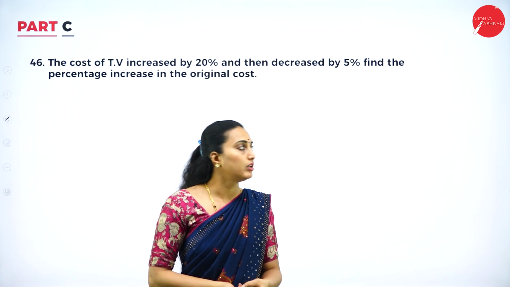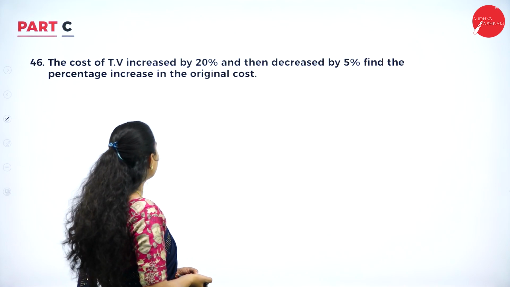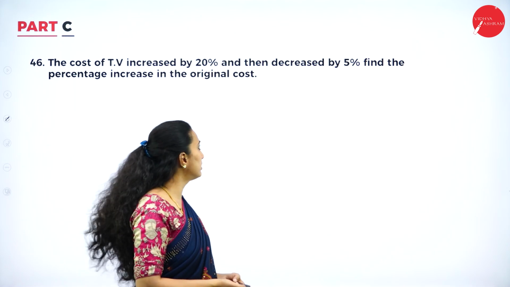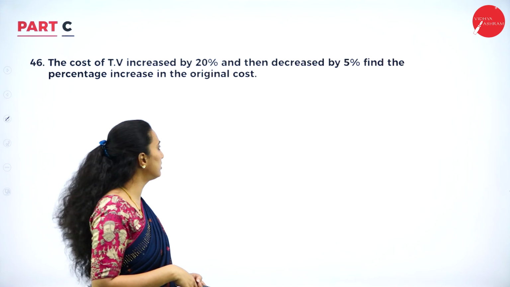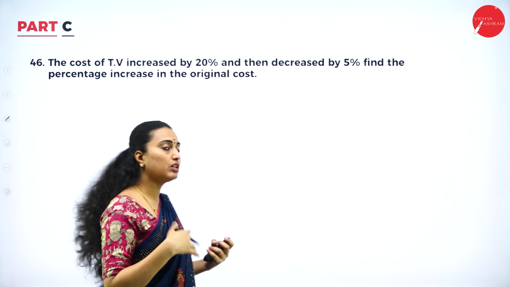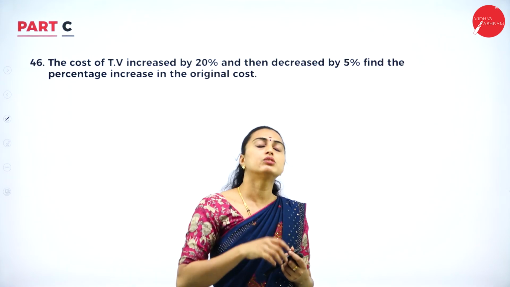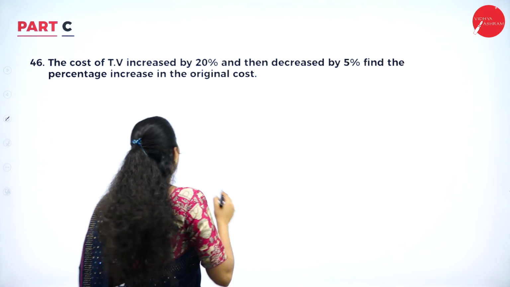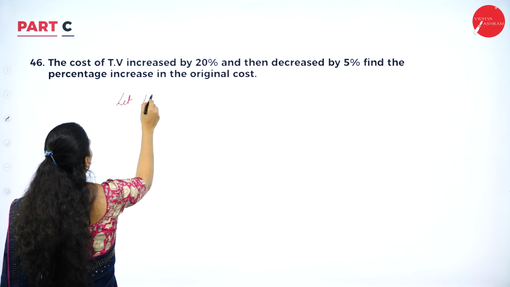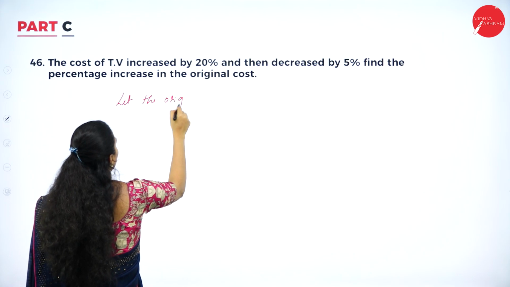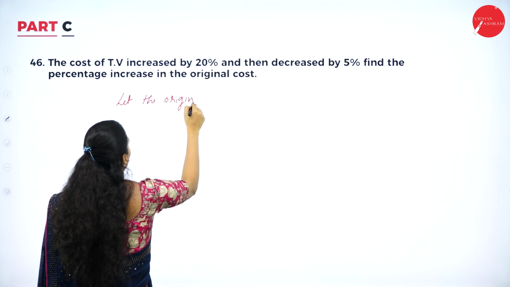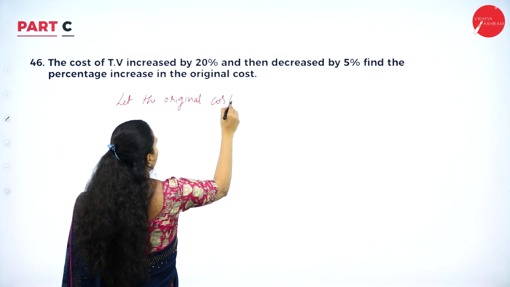What they have asked: the cost of a TV increased by 20% and then decreased by 5%. Find the percentage increase in the original cost. So here I am going to assume like this. Let the original cost be 100.